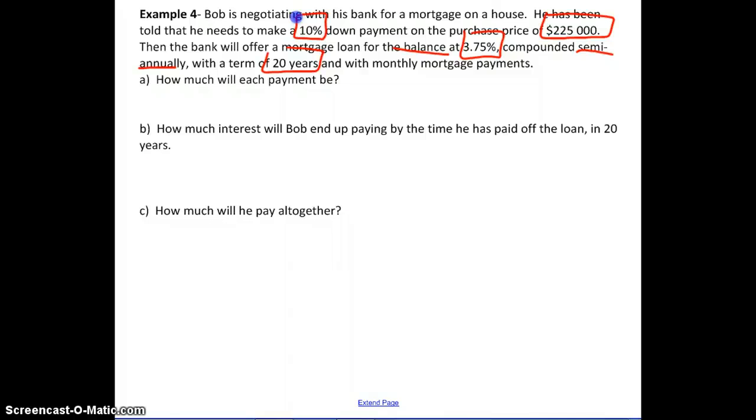We need to figure out the principal, or how much he needs to borrow. So the principal is $225,000 minus the down payment. The down payment is 10% of $225,000, so we're going to subtract $22,500 from this to get a principal of $202,500.